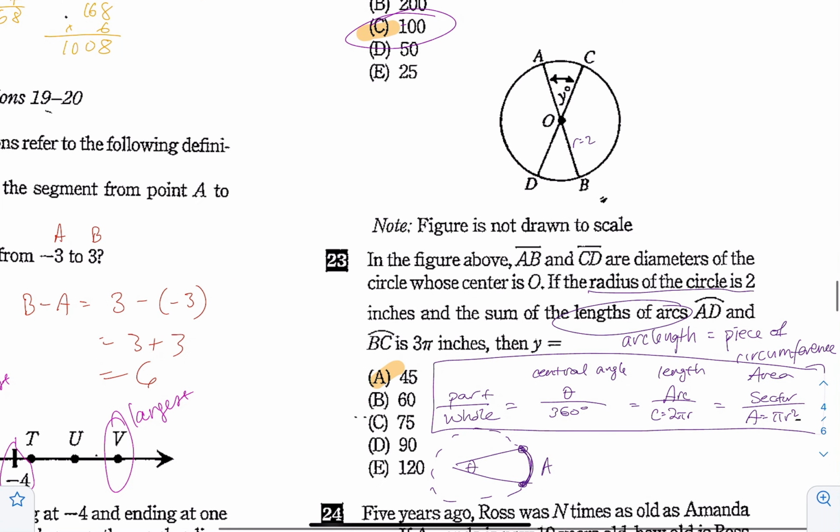In this case, we have the radius of 2, and the circumference is 2 pi r, or 2 times pi times 2, or 4 pi. So the arc lengths AD plus BC, these two pieces, is 3 pi.